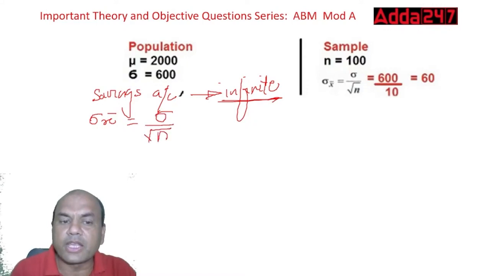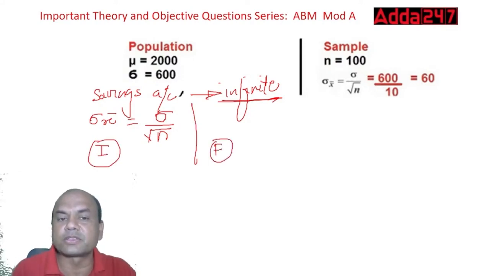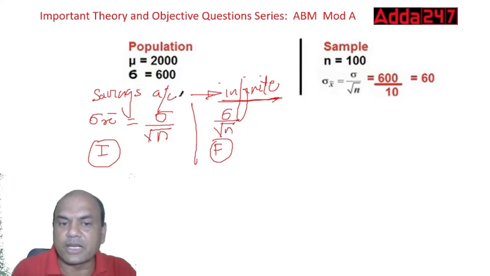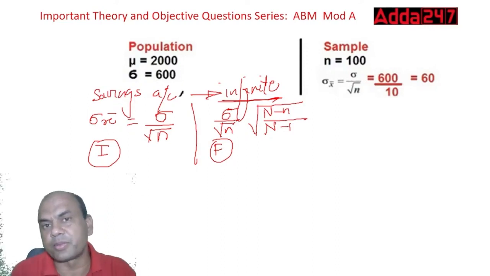If it is a finite population, meaning a known population, 1 lakh savings accounts or 50,000 savings accounts, then it becomes the same, sigma upon root of n, where sigma means standard deviation, into the square root of (capital N minus small n) upon (capital N minus 1). This is for a finite population.